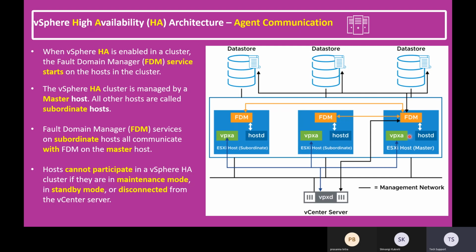Even after the second interval passes, there is still no communication from ESX1. So from ESX1, no communication is being established. It will wait for the first 15 seconds, then the second 15 seconds. At the third 15 seconds, that means approximately 45 seconds, the master host decides that the particular ESXi host lost the communication, and it immediately initiates the migration of all these virtual machines to another ESXi host, and they will automatically be restarted on the second host.